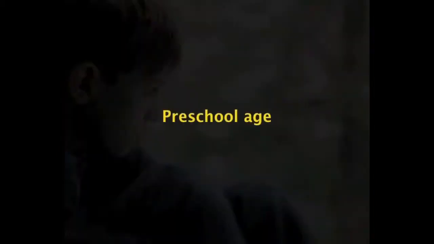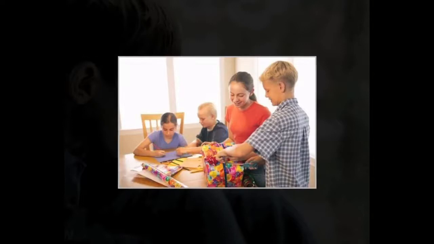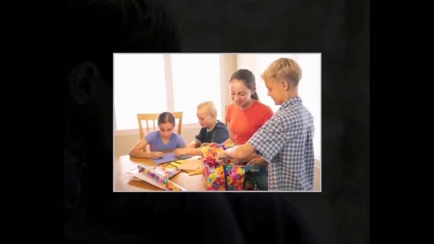Preschool age. The children of this age group show evidence of self-conscious emotions that reflect the awareness of social standards and other people's concern about adherence to these standards. Middle childhood. The children of this age group realize that their thoughts and interpretations determine how they feel about particular situations, and they can also understand that other people have different interpretations as a result of different feelings.